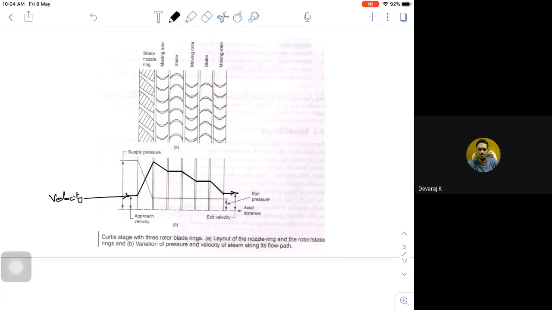See, the pressure drop takes place only in your nozzle, to almost its exit pressure, and then it almost remains constant. So this is for your velocity. This is your pressure, and this is the pressure of the steam at the end.